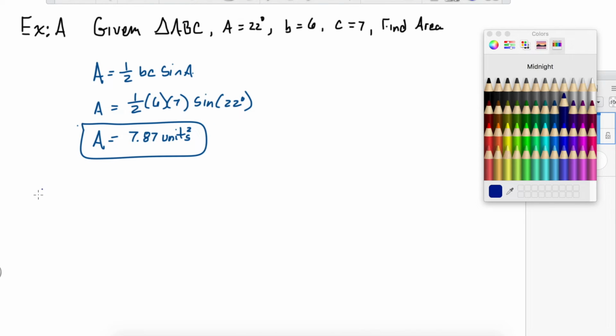Example B. So we're learning this equation using side, angle, side. We're going to do also side, side, side in a minute here. So how about we are given triangle XYZ, and given XYZ has an area equal to 28 square inches.